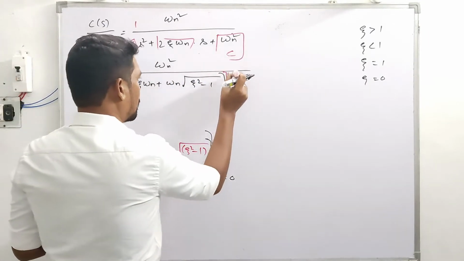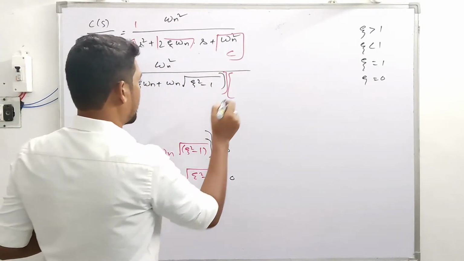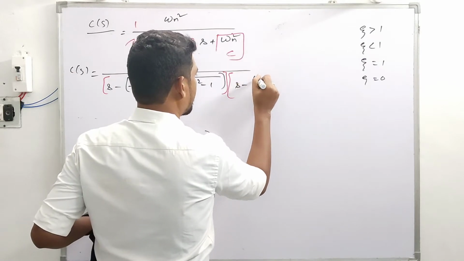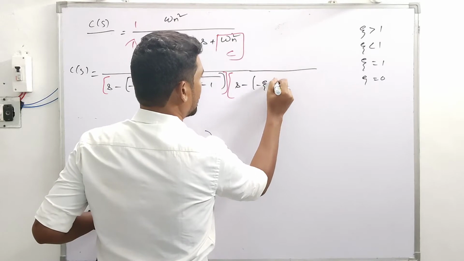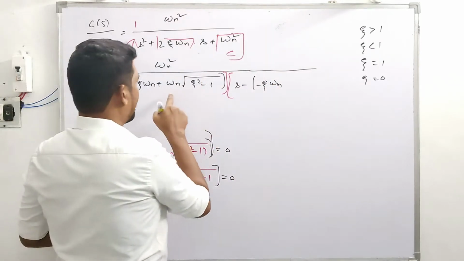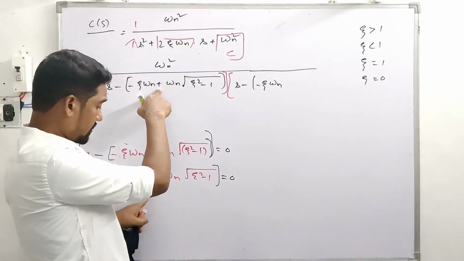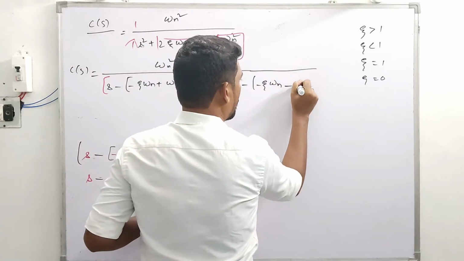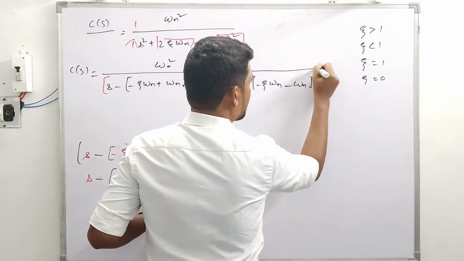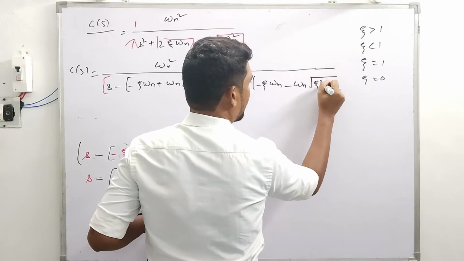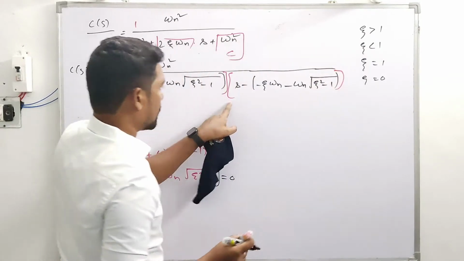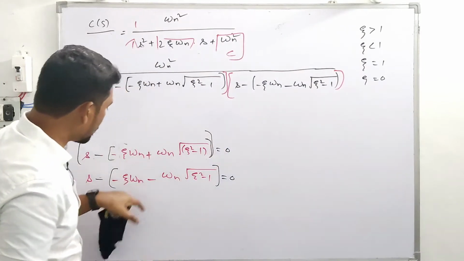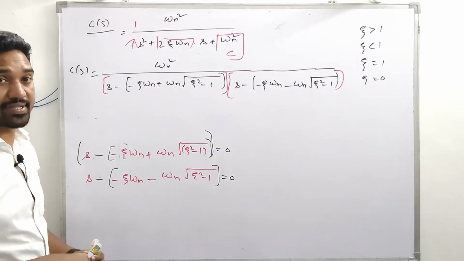All right, and open the bracket again for the second root, s minus of minus zeta omega n, right? And for the first root it's positive, and for the second root it's negative, omega n into under root zeta square minus 1. All right, and close this one. So these two are different, the roots are distinct.